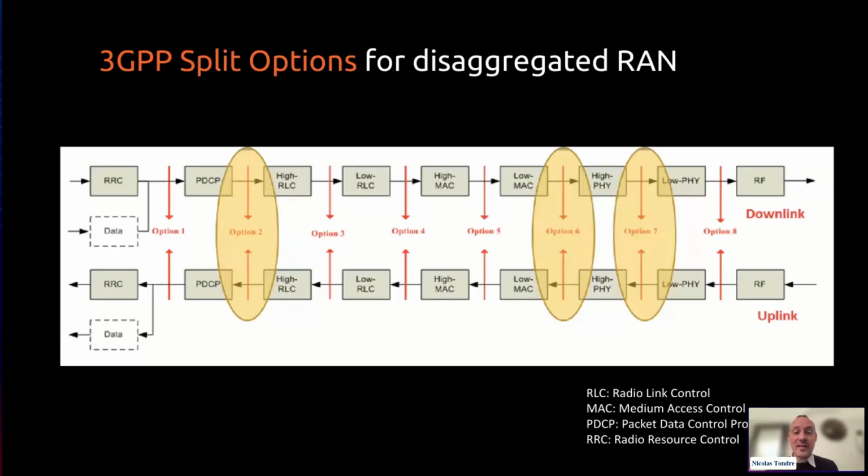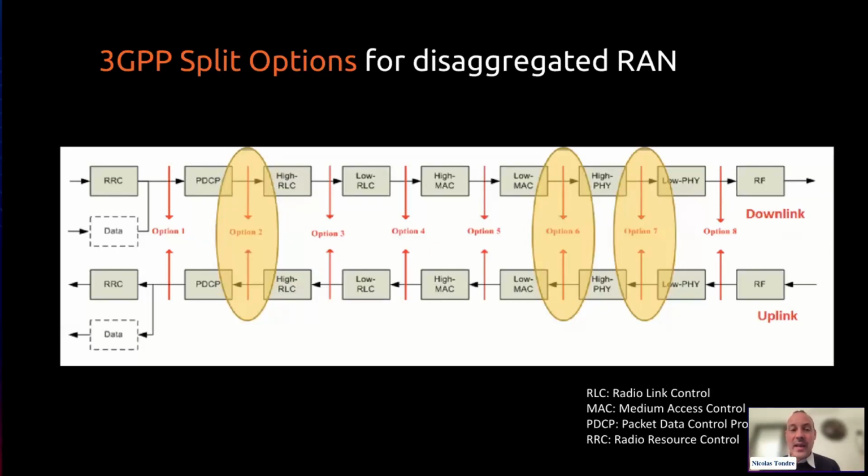So the options differ in how you split the functions between different boxes, where you will put the RLC, the radio link control, or the MAC, the medium access control, the PDCP, the packet data convergence protocol, the RRC, radio resource control, up to the RF, which is the radio unit.